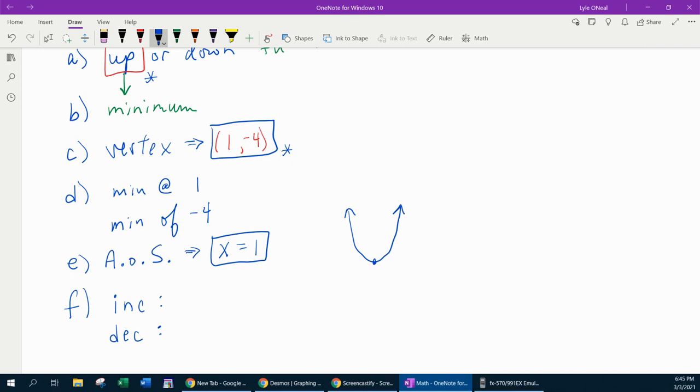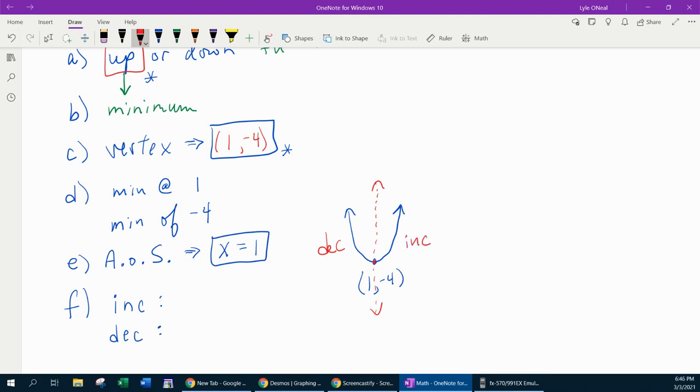And the vertex is at 1, negative 4. So what we can see here, if I draw the axis of symmetry, which by the way is the vertical line that cuts the parabola in half, we can see that this function is decreasing, going from left to right until we hit the vertex, and then it starts increasing.